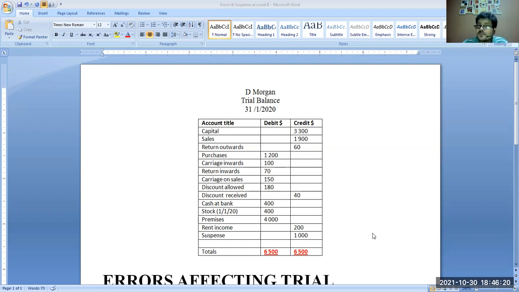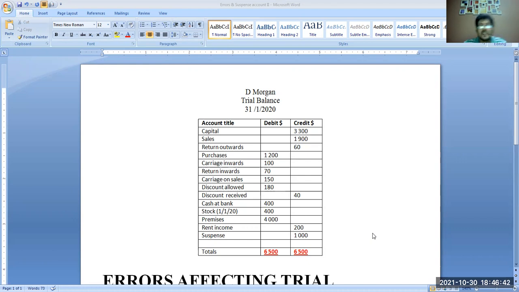Each and every entry to rectify an error will have one component, the suspense account. In that way, we will be able to remove the suspense account from the trial balance.